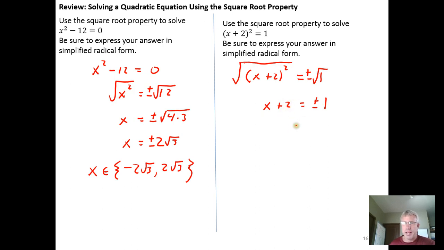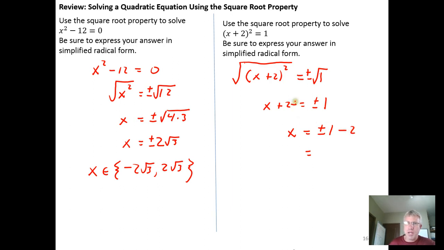Now I can subtract 2 from both sides, so I get x equals plus or minus 1 minus 2.